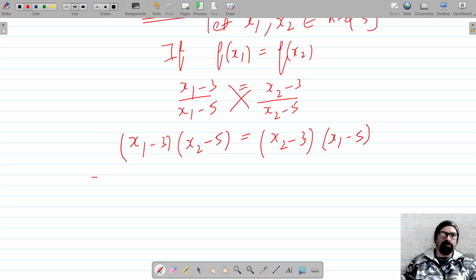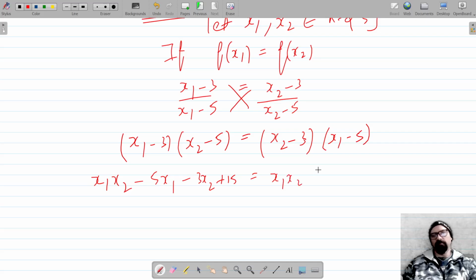So let's multiply this. This is x1 into x2 minus 5x1 minus 3x2 plus 15. This is x1 into x2 minus 5x2 minus 3x1 plus 15. So we can strike these two off.